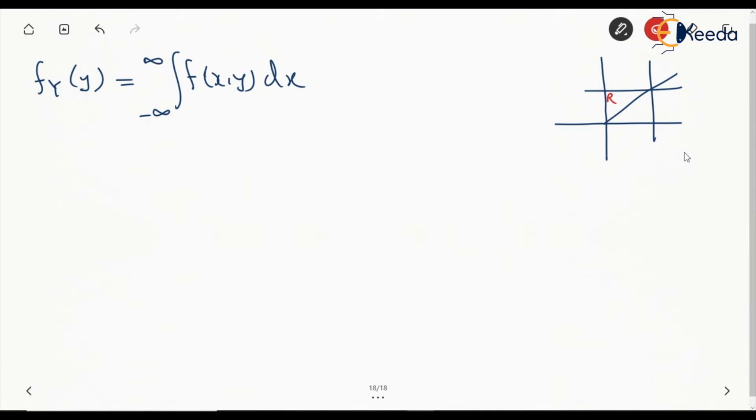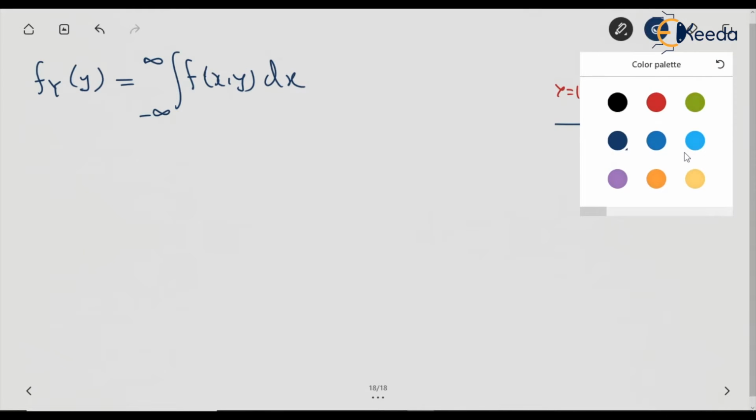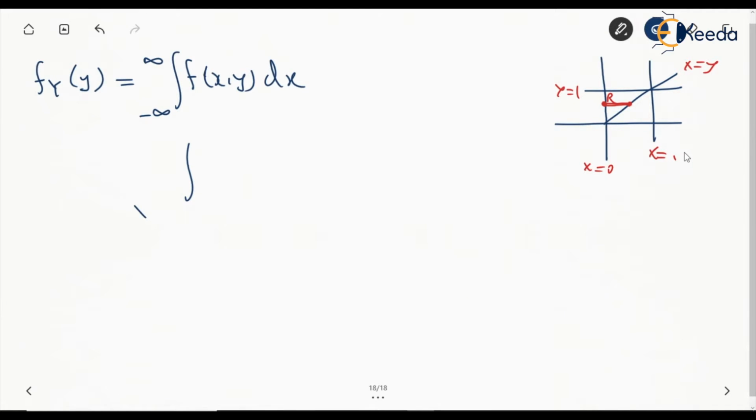So in this case this is of course x equal to 1, y equal to 1, x is equal to 0, x is equal to y. So now we have to integrate this in terms of dx. Dx means we'll have to take the horizontal element, and the lower limit lies on x equal to 0 and upper limit lies on x is equal to y. So we integrate from x equal to 0 to x is equal to y, and the function obviously is 10xy square dx.